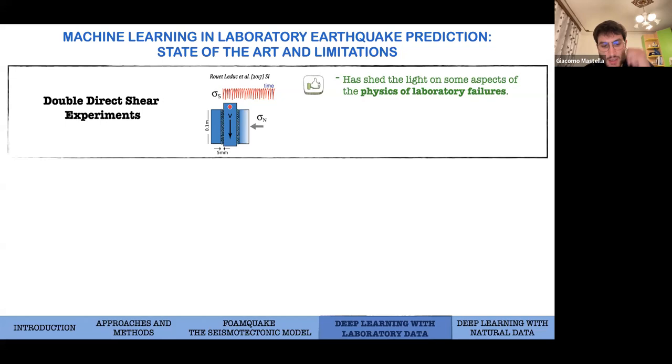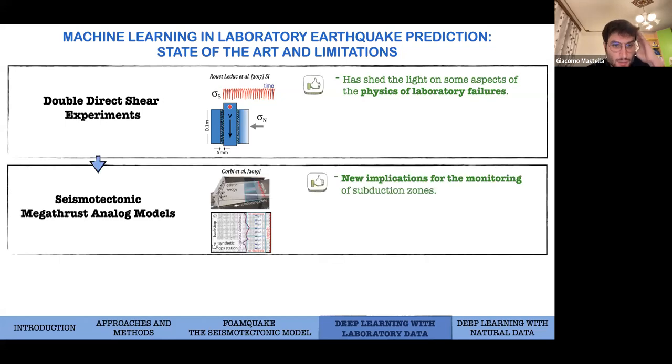And it has been applied even in seismotectonic megathrust analog models, where it has provided new implications for the monitoring of subduction systems. However, the previous machine learning methods applied in these two different kinds of experiments were limited by some concerns.